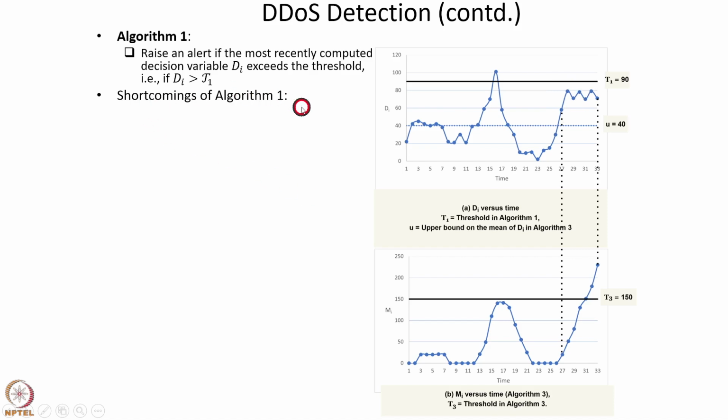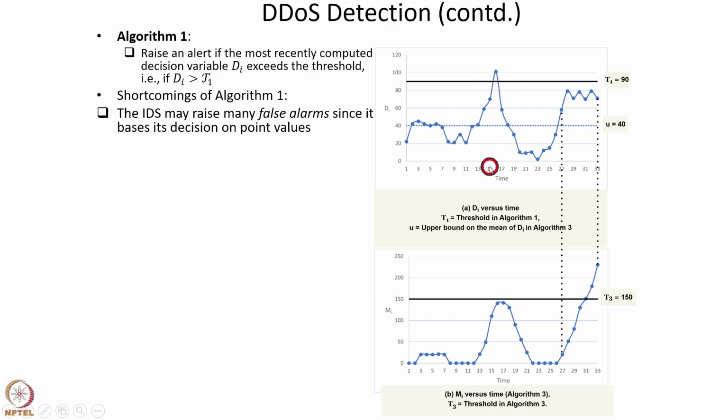This algorithm has some shortcomings. The IDS may raise many false alarms because it bases its decision on point values. This is an instant when Di is large. But if we observe the neighboring values of Di for this instant, the neighboring values are well below the threshold. So this is probably not the onset of a SYN flood attack.